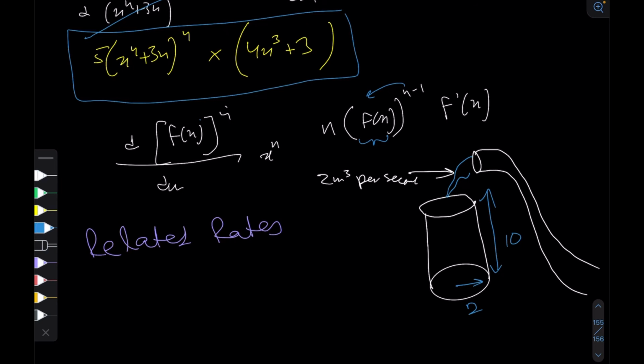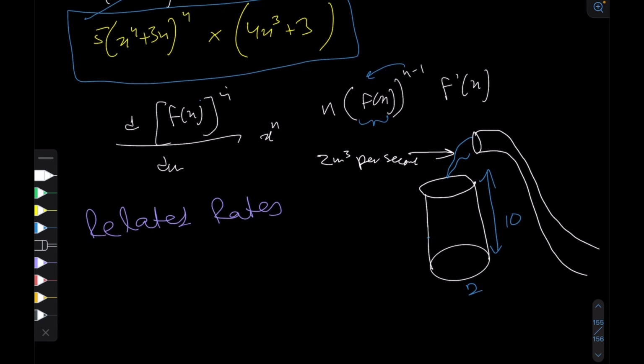So when 1 second has passed, there would be 2 meters cubed of water over here, then it would keep on increasing, right? And what we essentially want is to know the rate at which this height is increasing, right? So when we pour water, the volume is constantly increasing, and with that increase in volume, there's some increase in height, right?